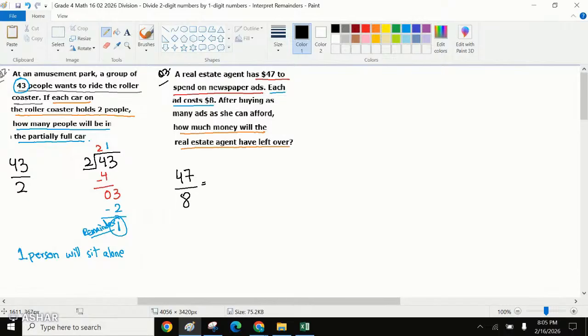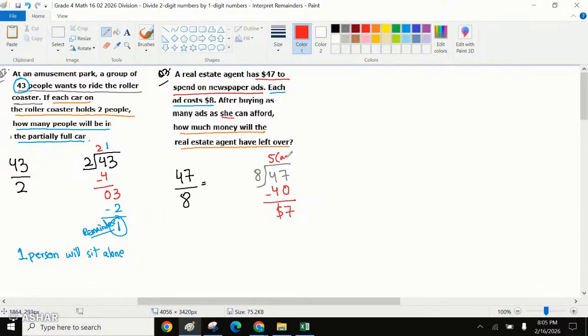So when we divide, 47 is to be divided by 8. 8 times 5 is 40, right? So she would spend $40 on 5 ads, right? How much would be left? 47 minus 40 is $7.